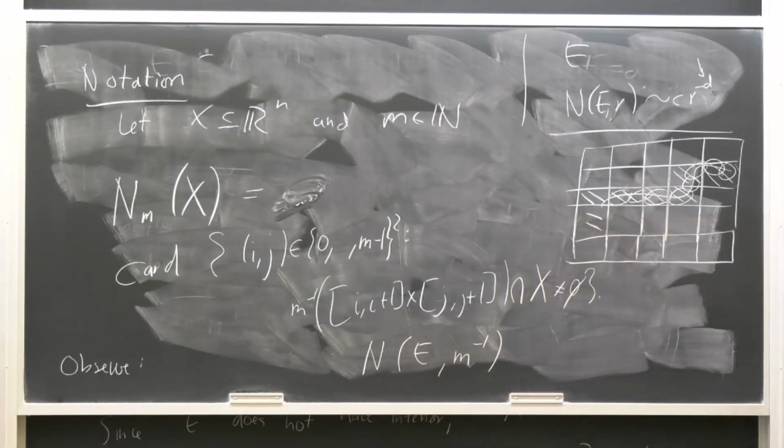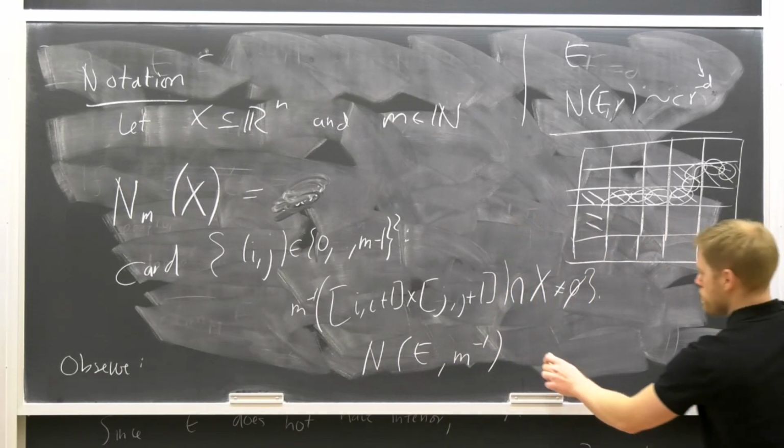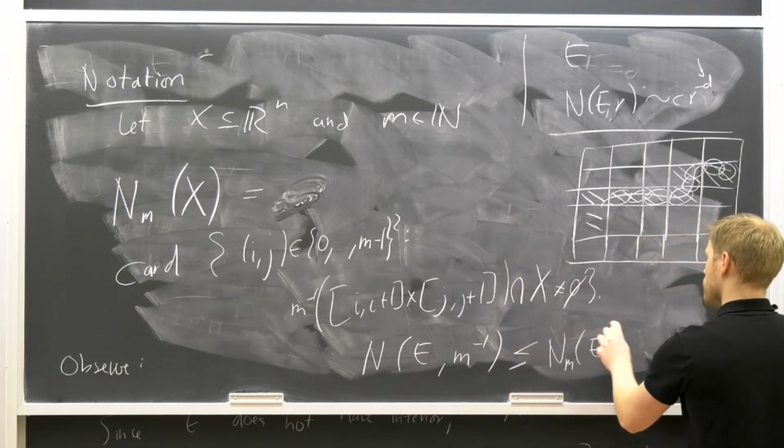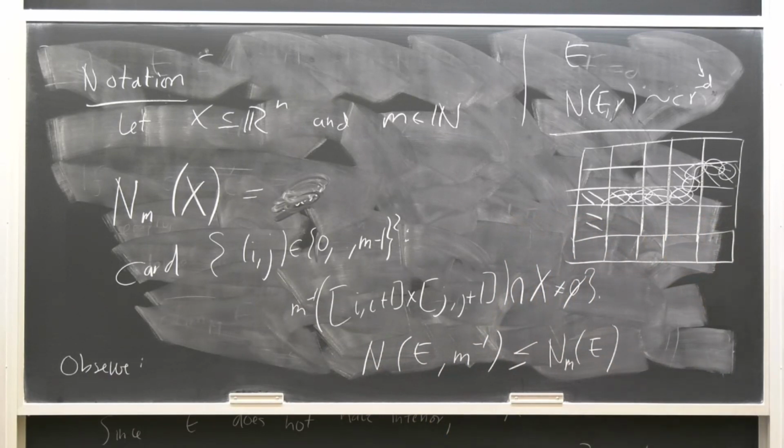this one here, so the minimum number of boxes that you can cover E by, let's say boxes really instead of balls, of radius m to the minus 1, then this is surely smaller or equal to this one here, because you restrict the boxes you're allowed to take.